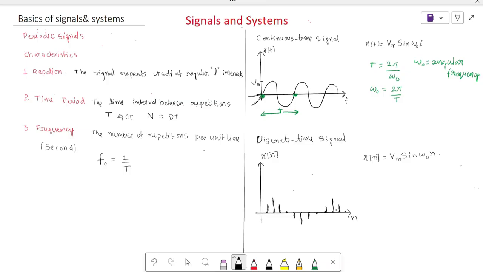So from the observation, from here to here, this is one cycle, and this cycle is repeating. From here up to here, the time interval between two repetitions is called the time period.